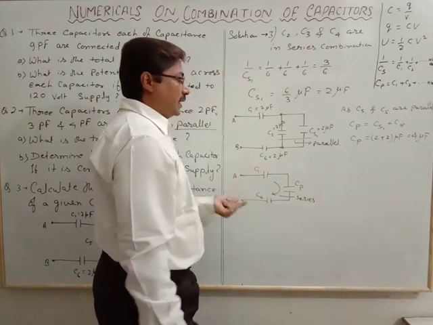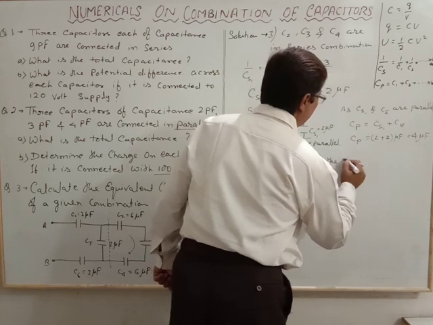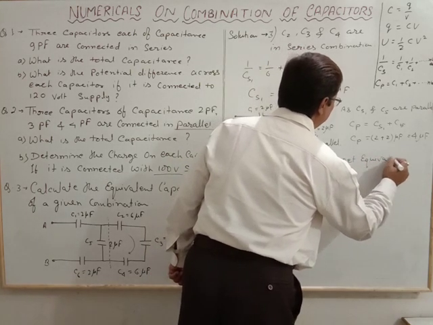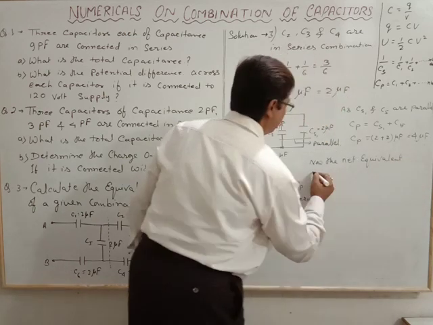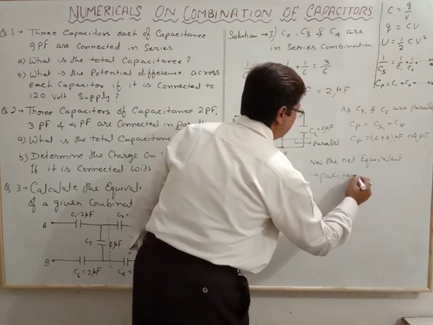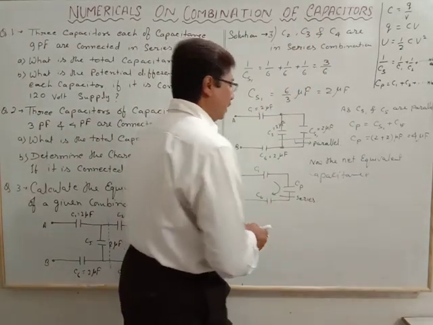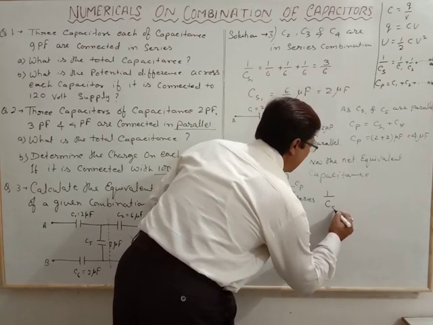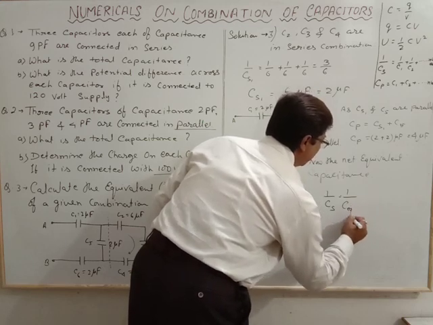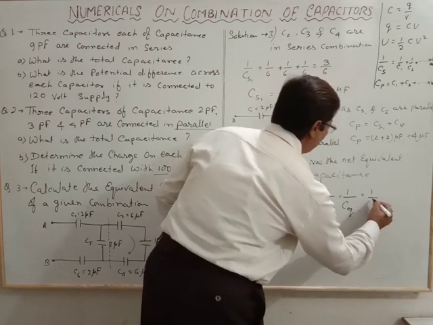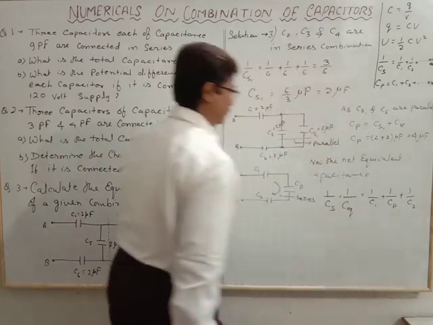Now the net equivalent capacitance: 1 by C equivalent is equal to 1 by C1 plus 1 by C parallel plus 1 by C6.